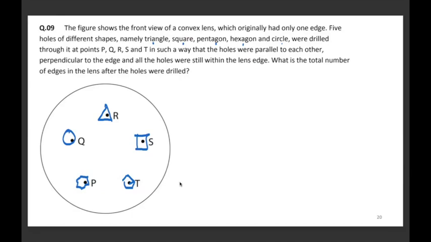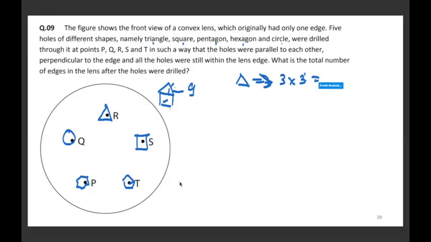Now, first we'll calculate the edges formed by the triangle. When you drill a triangular hole, the hole will be that of a triangular prism. The number of edges in a prism is 9: 3 on top, 3 on bottom, and 3 on the vertical edges. Right. So a triangle, with 3 sides, will have 3 into 3: 3 on top, 3 on the vertical, and 3 here.